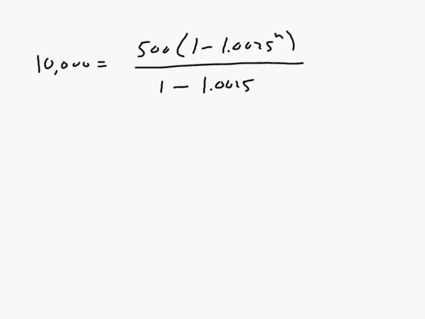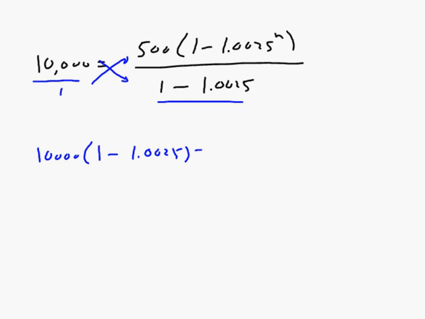Whatever that turned out to be, we can solve that. Let's do a little algebra, actually. I'd probably put this over 1 and multiply through by that expression, and cancel the denominators. You get 10,000 times 1 minus 1.0025 equals 500 times 1 minus 1.0025 to the n.